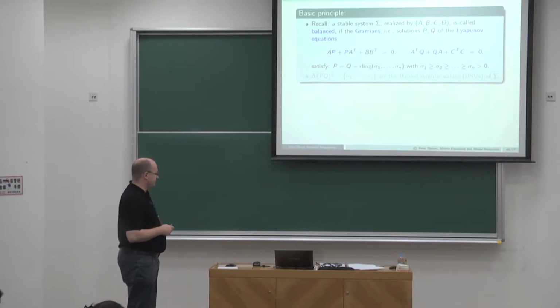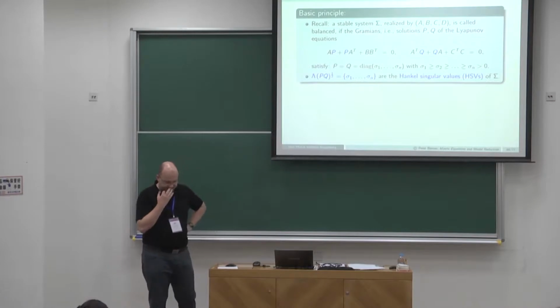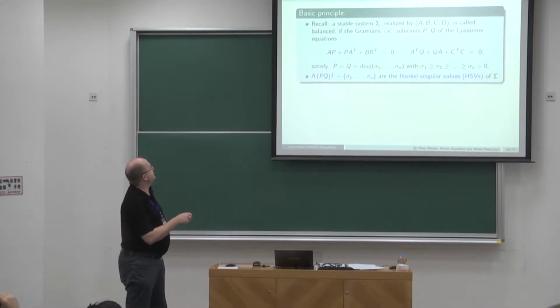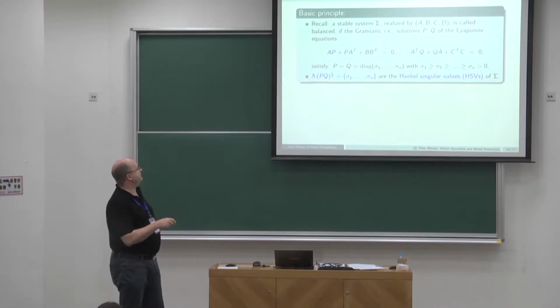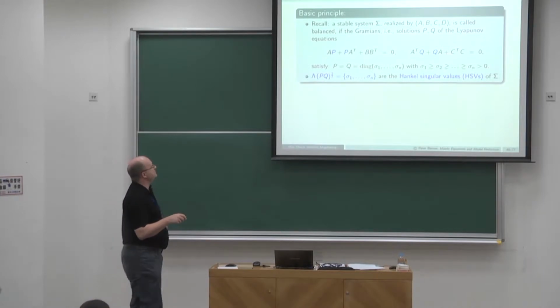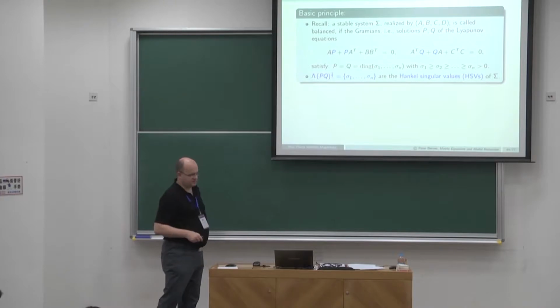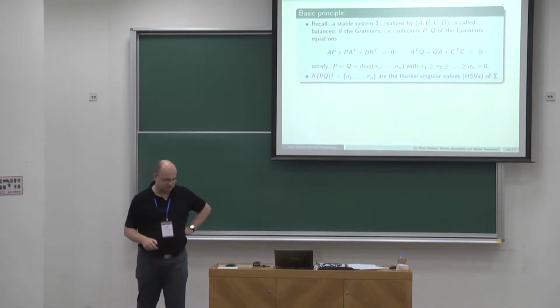That means we can find a state space transformation, a change of coordinates in state space, so that P and Q become equal and diagonal. And on the diagonal, you find the Hankel singular values of the system ordered in decreasing order. In the minimal case, also the last one, sigma n, is larger than 0.